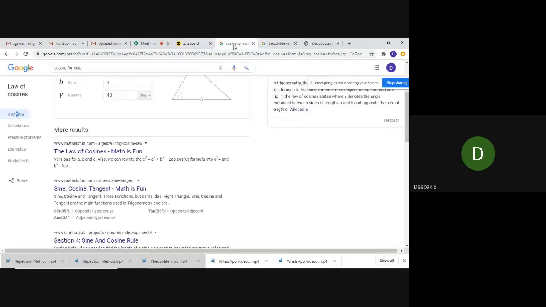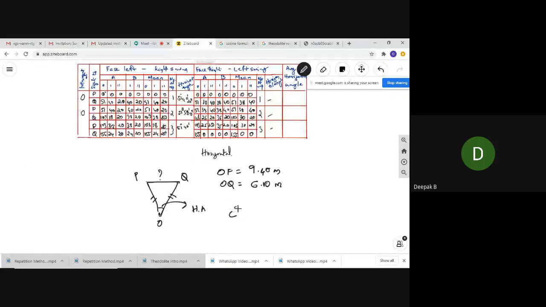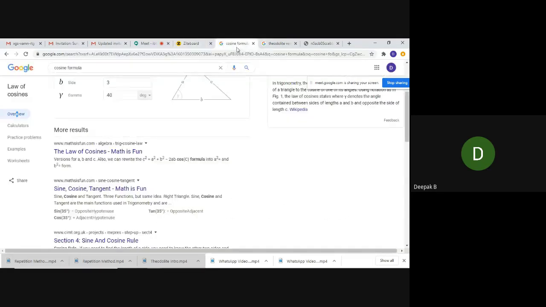You'll have to use the cosine formula. Okay, this is the cosine formula. It is C square equal to A square plus B square minus 2AB cos alpha. Let's say this is alpha. Okay.